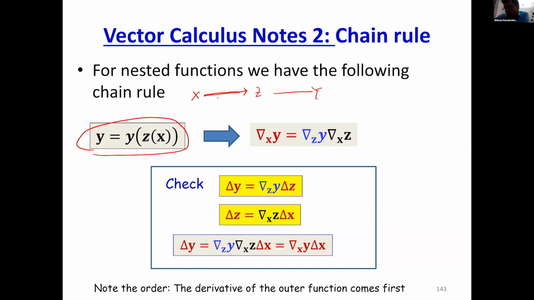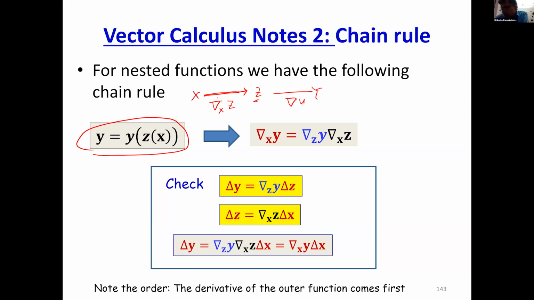Tell me. If these are vectors, I can generally write this as vectors or scalars. It's going to be the derivative of Z with respect to X, correct? You don't write dy over dz over dx because we're not claiming these are scalars. So what is the derivative here? Derivative of y with respect to z.